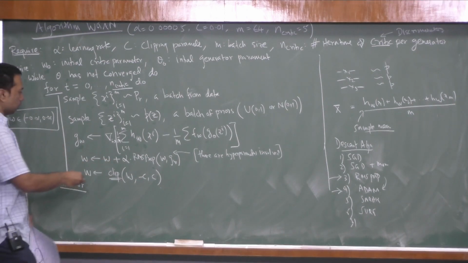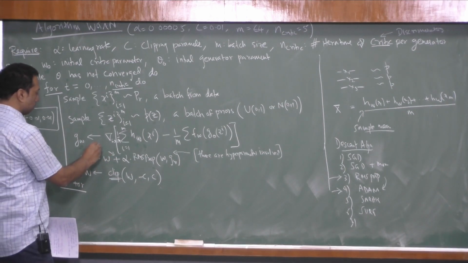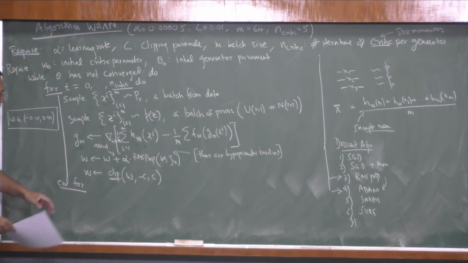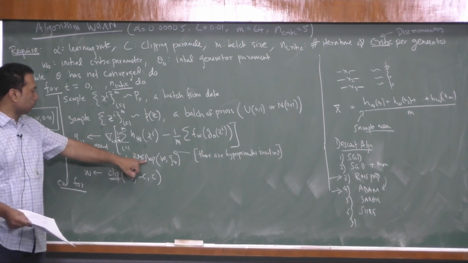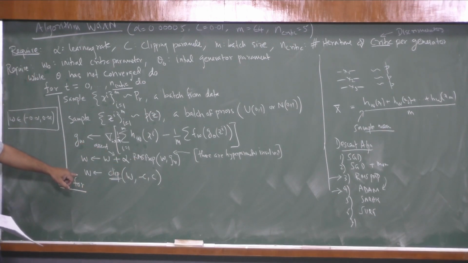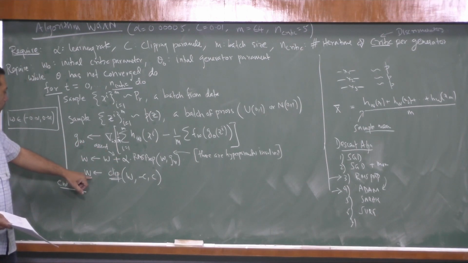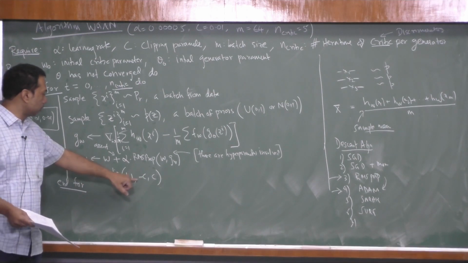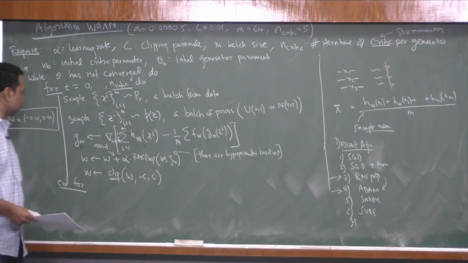That's why there is a plus here, because it's a max problem. So this is ascent. Otherwise you would do descent in the min problem. We use RMS prop, a well-known first order optimization method, and then we do the weight clipping, where we restrict the weights between minus c and c.